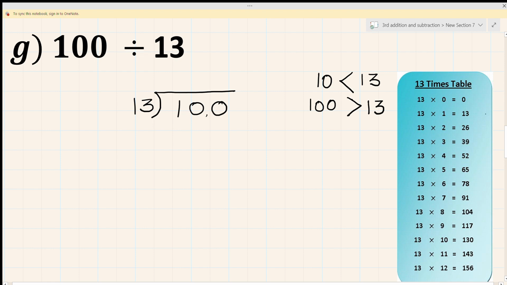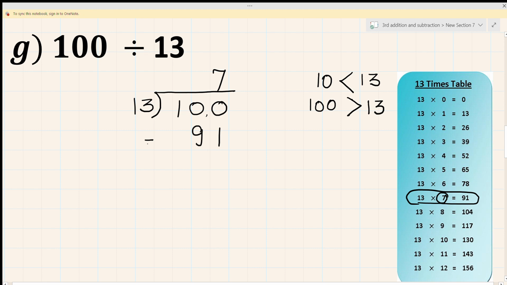Now look into the 13th table and check whether you have 100 or the below number. Yes, 13 sevens are 91. We are getting 91 in the 7th time. So write 7 in the quotient, 91 below the number.